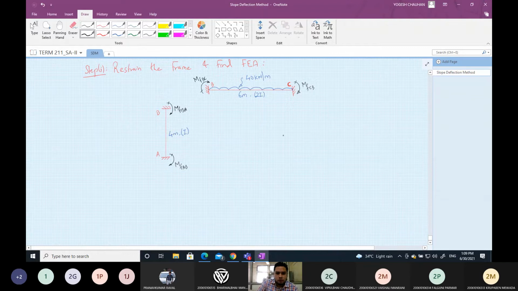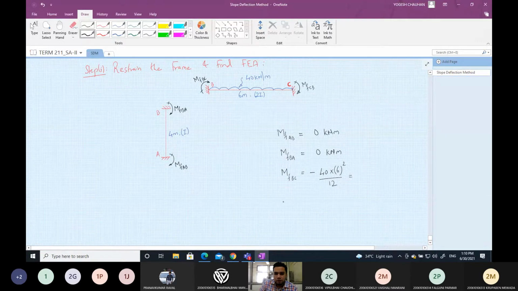So you can find MFAB. Here it will be 0 because there is no load on segment AB. MFBA is also 0, and MFBC will be equal to minus 40 into 6 square by 12.